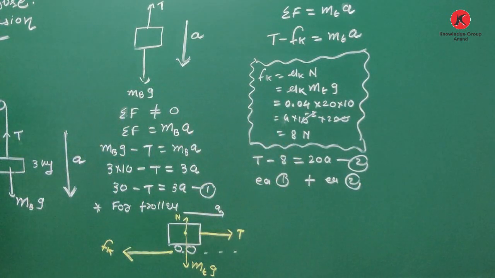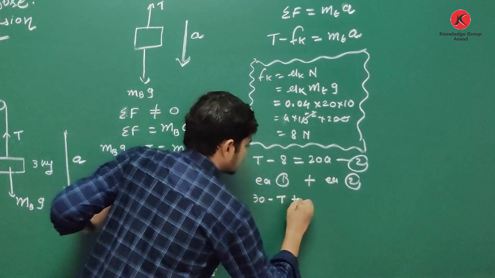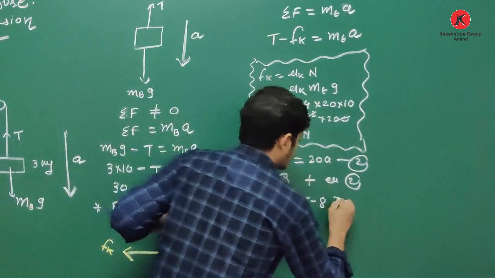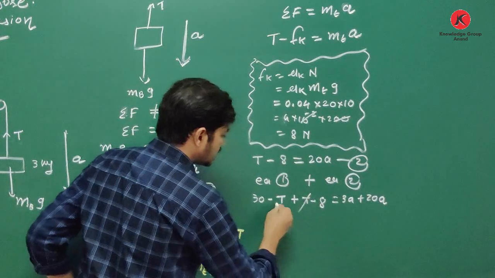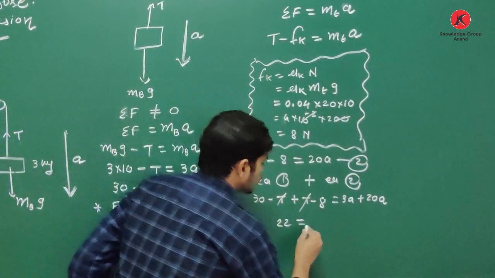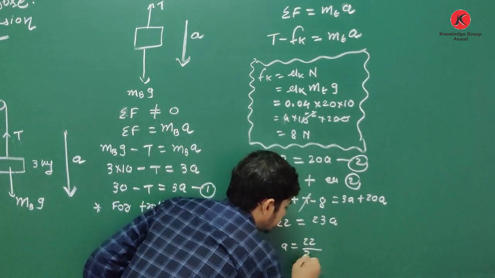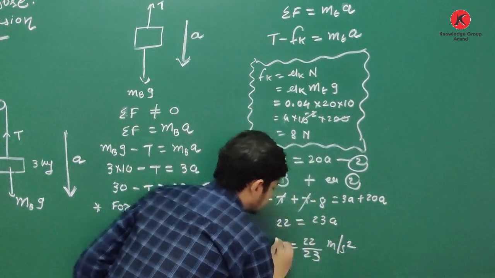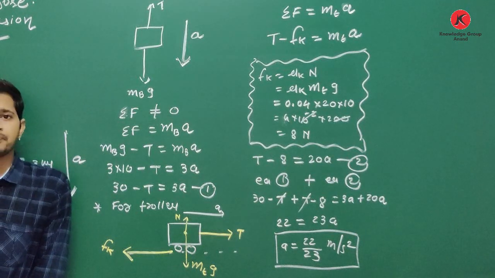First of all, I will add the left hand side: 30 minus T plus T minus 8. Clear about this? The right hand side is 3a plus 20a. So this T cancels. 30 minus 8 means it is 22, is equal to 23a. So what is the acceleration? It is 22 by 23 meter per second square. Clear about this?